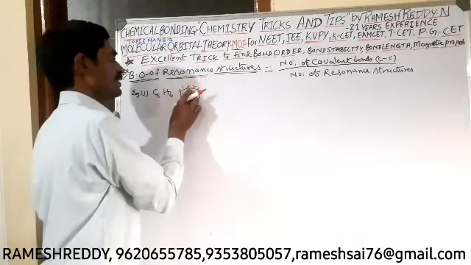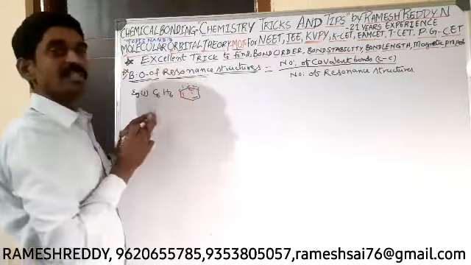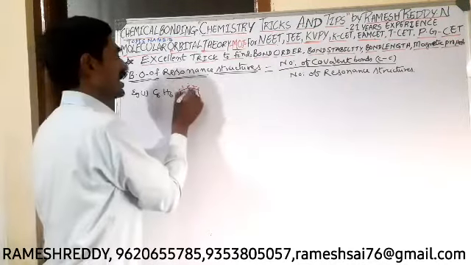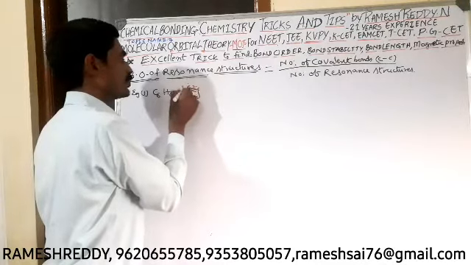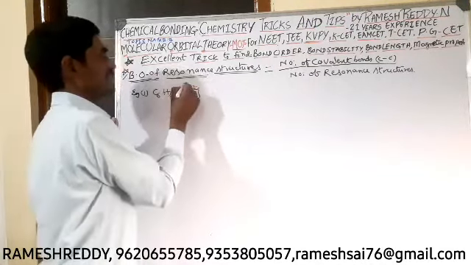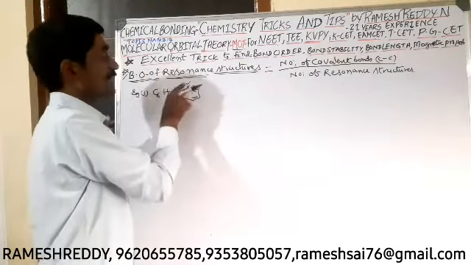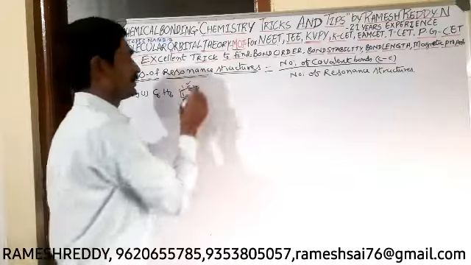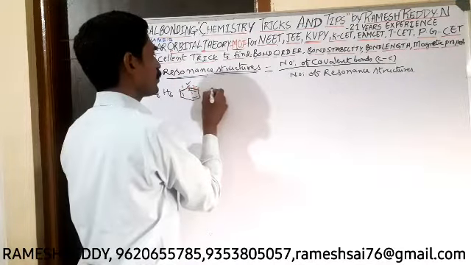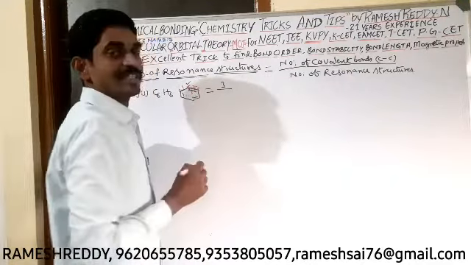So this particular carbon atom has 3 bonds. 1, 2, 3. So each carbon has 3 bonds. I am not talking about carbon-hydrogen bonds. So the number of covalent bonds is 3, and the number of resonance structures.